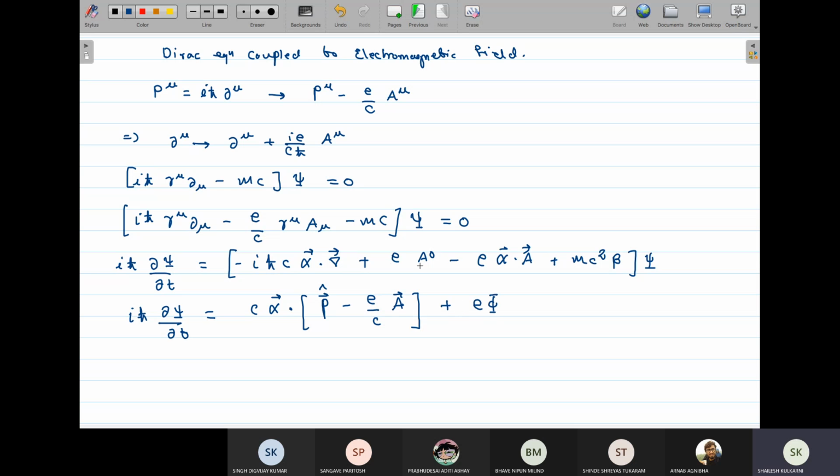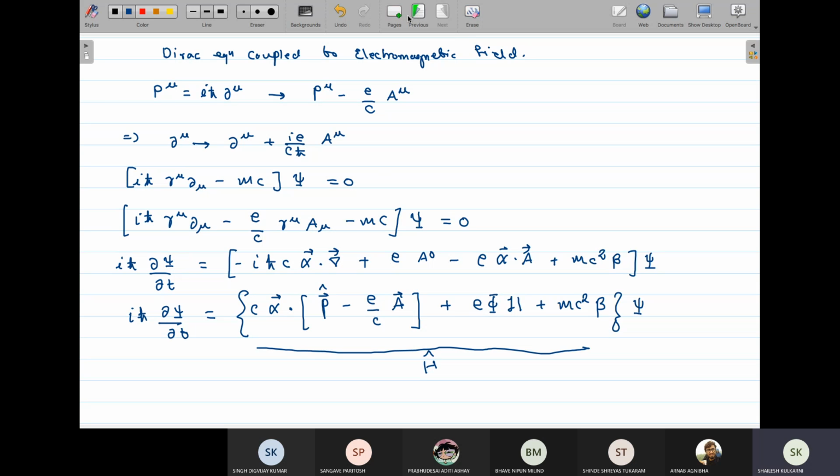This is a scalar potential, A0 is this capital phi times identity, plus mc square beta, and this entire term will act on psi. So this is your Hamiltonian for the Dirac equation in the presence of the electromagnetic field. It is expected: the momentum is replaced by momentum minus e by c times the vector potential.